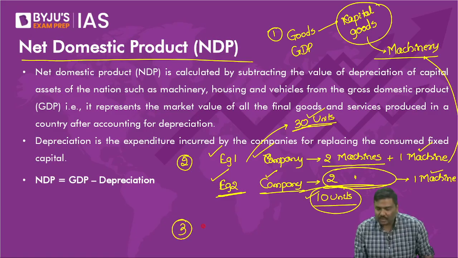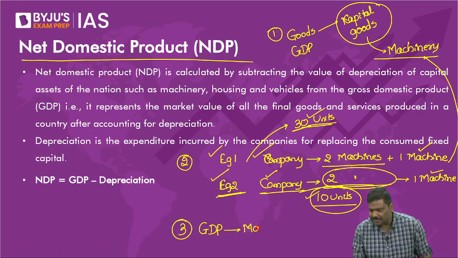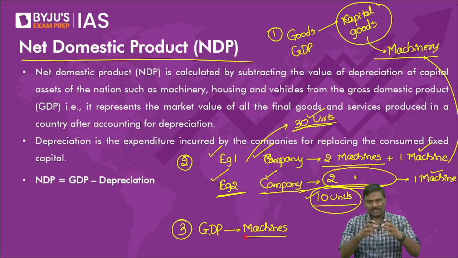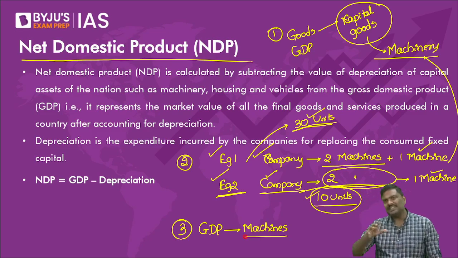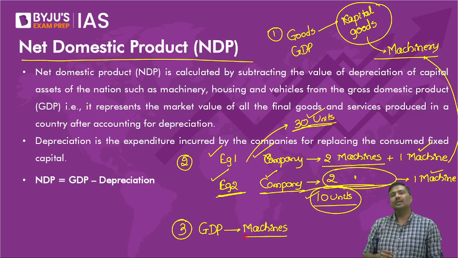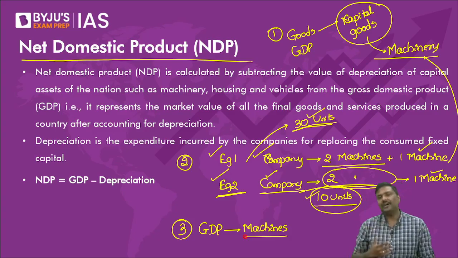When you calculate GDP, a lot of machines will be produced. Agreed or not? When you're talking about goods, a lot of machines are produced, and those machines are counted as a part of GDP. But now look at the next point here.